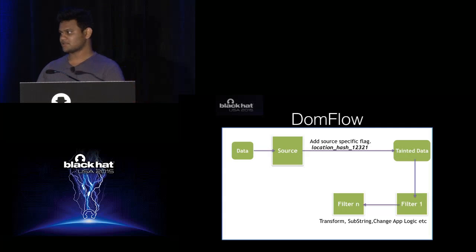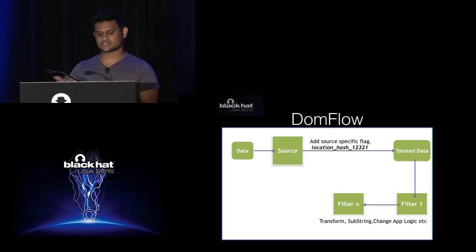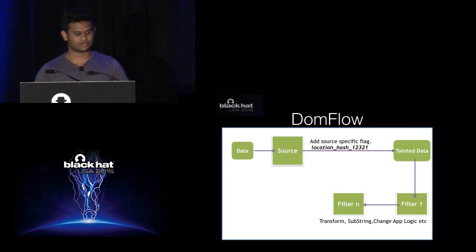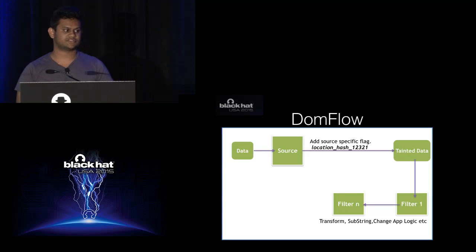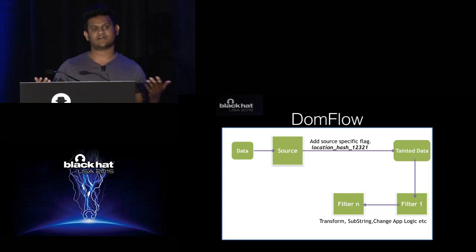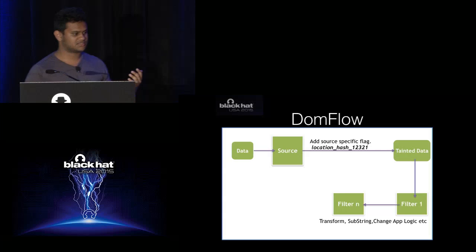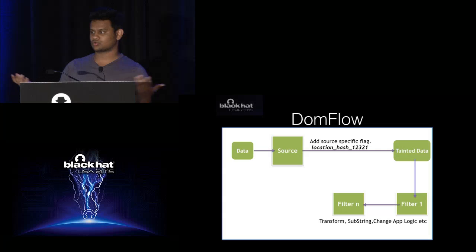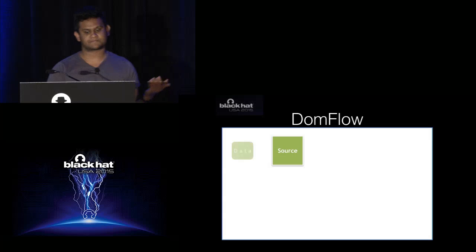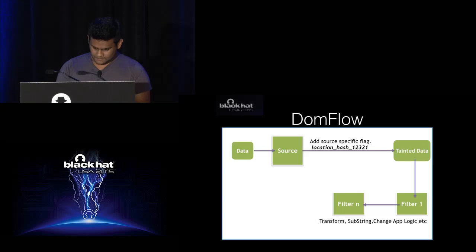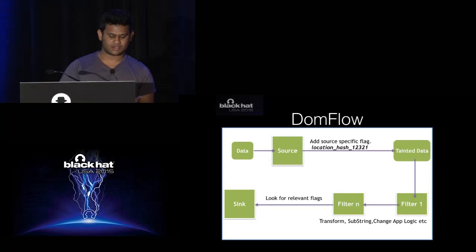But this helps you understand most cases of source-to-sink flows. And then the tainted data can go through different filters, which can be JSON.stringify or JSON.parse, things like substring. It can go through a lot of logic. Even the whole string can be lost, and you can have a completely new string from it. And then it goes into the sink.